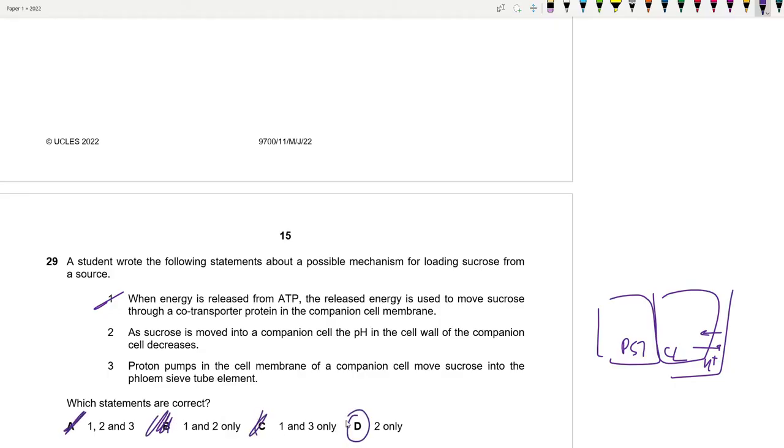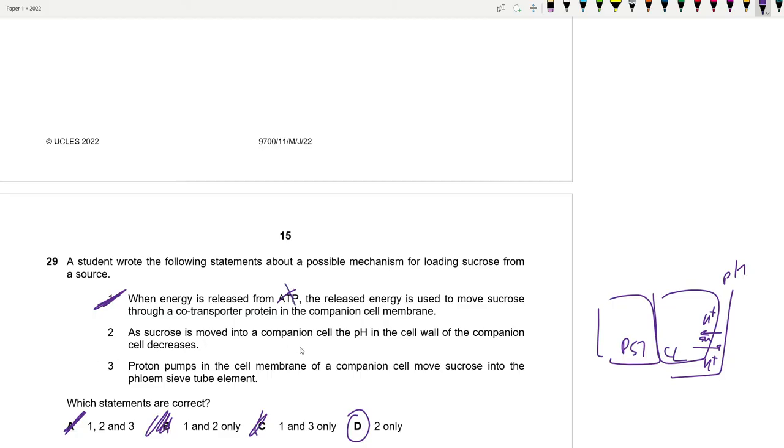As sucrose is moved into the companion cell, the pH in the cell wall of the companion cell decreases. True, because the H plus comes along with the sucrose. Wait. One is wrong because it's a passive process. Energy is only required to pump H plus into the cell wall.